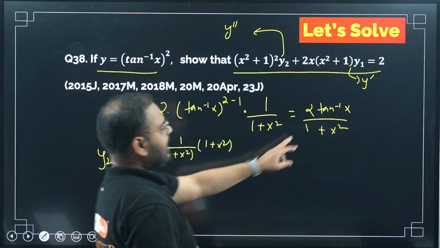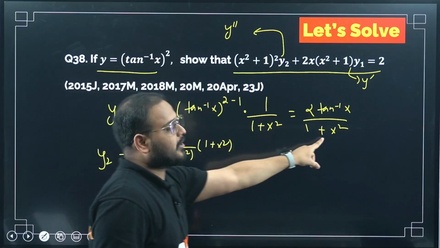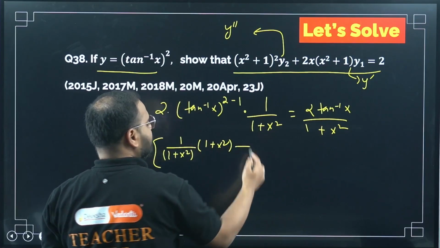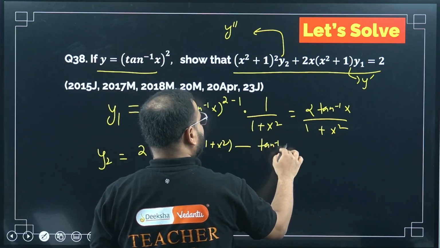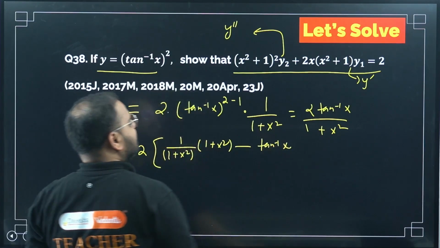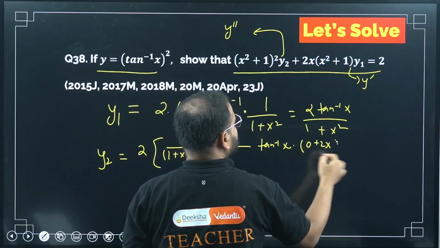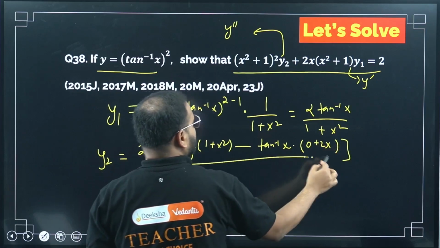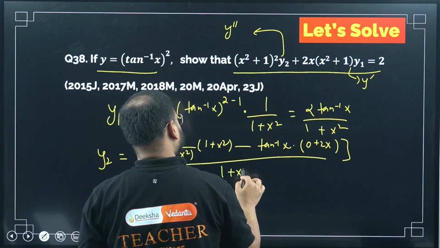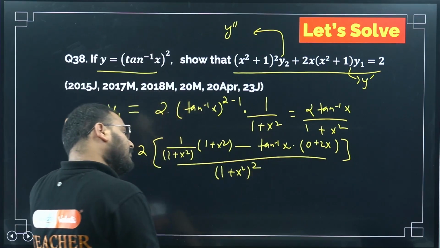Please see, I have done the differentiation of tan inverse of x, 1 upon 1 plus x square, and the denominator will be kept as it is, with a minus sign because I'm using the quotient rule. And then I'll keep tan inverse of x as it is. And I'll do for this part, 1 plus x square will be 0 plus 2x. And then the whole thing divided by the whole square of the denominator.